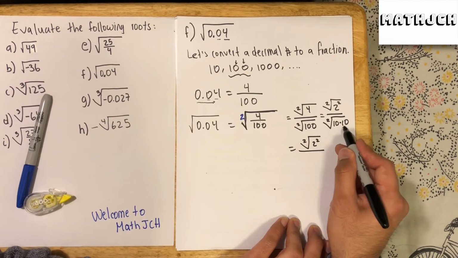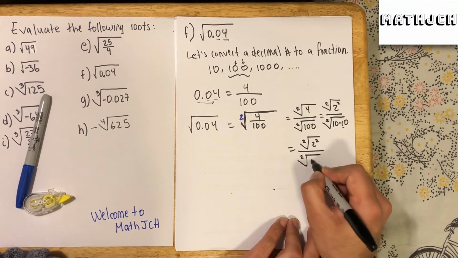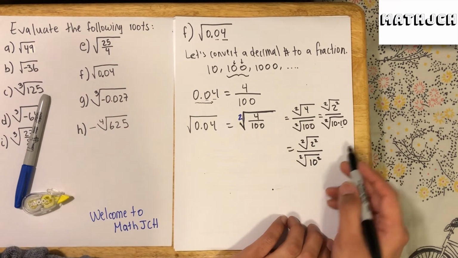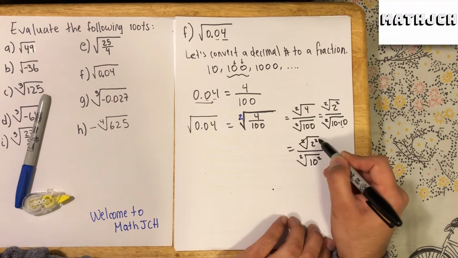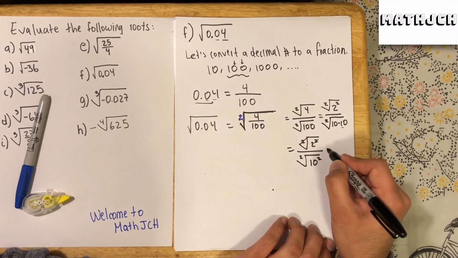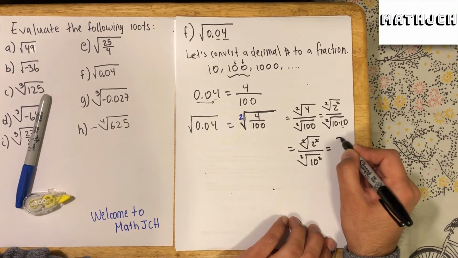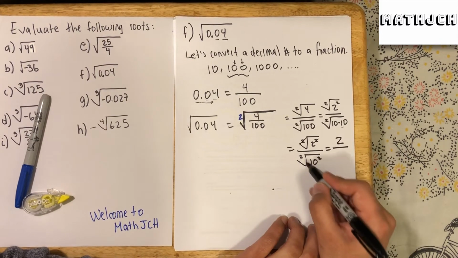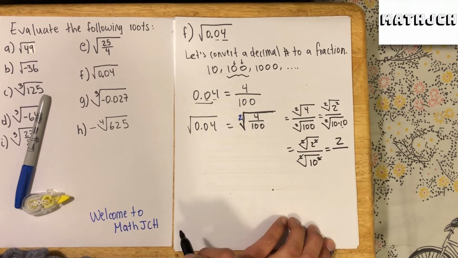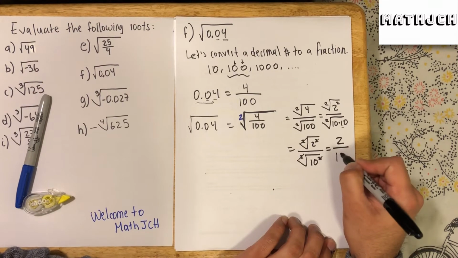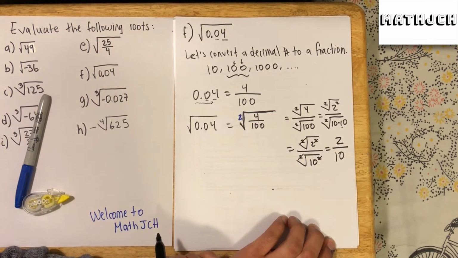Now, the 10 times 10, we could rewrite it as 10 to the power 2. Now notice what's going to happen. The index 2 and the power 2 will cancel, and I'm going to be left with number 2. And here the same, the 2 and the 2 cancel, index and exponent, and I'm left with number 10.